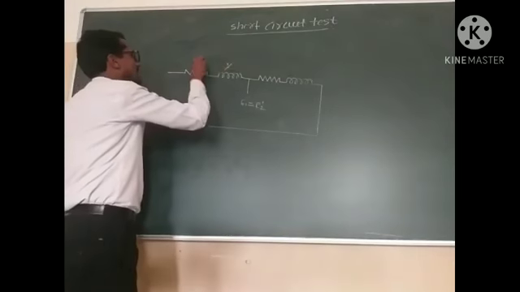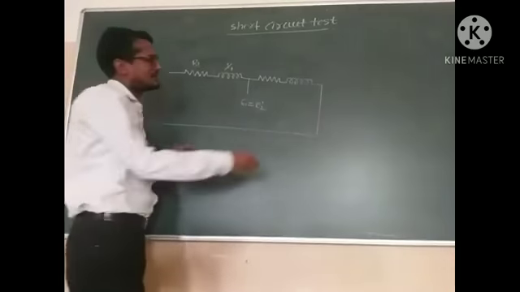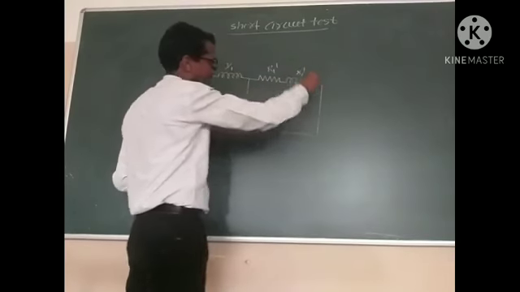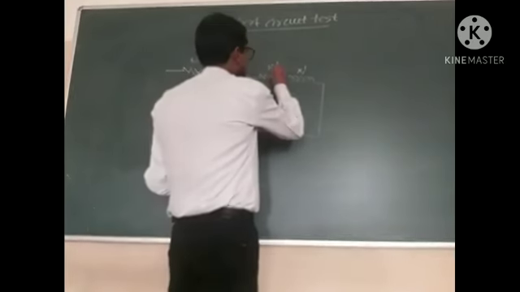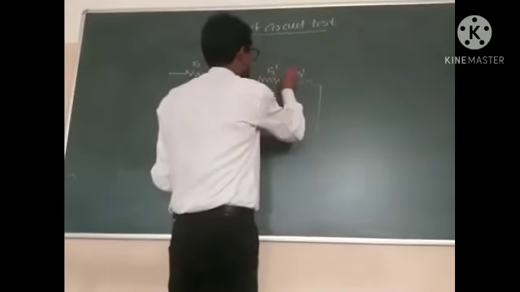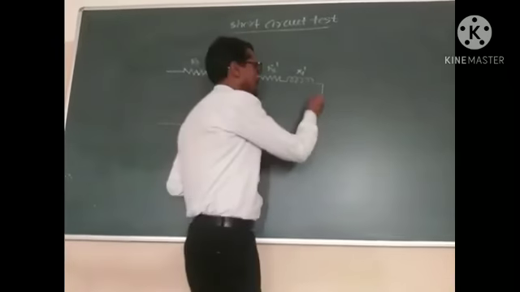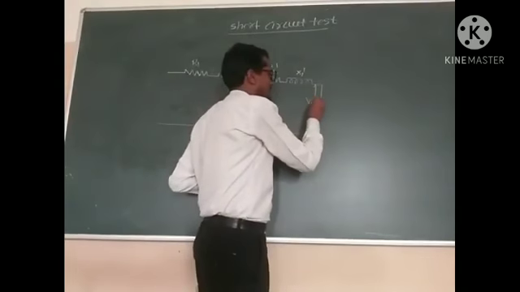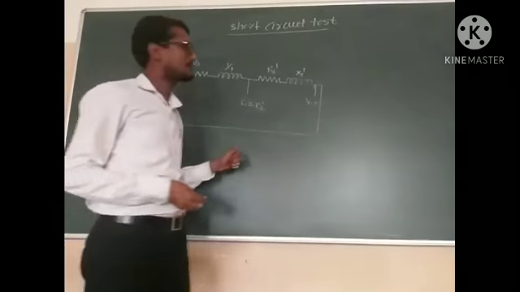This is R1, this is X1, and this is R1 dash, this is X1 dash. R2 dash, X2 dash, and on this side the voltage V1 equals 0.